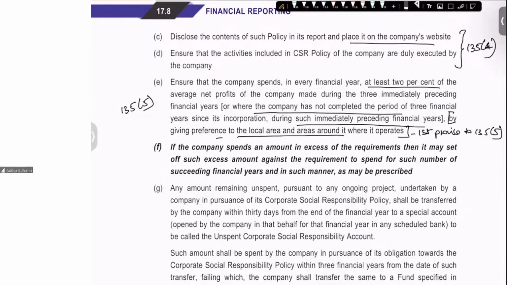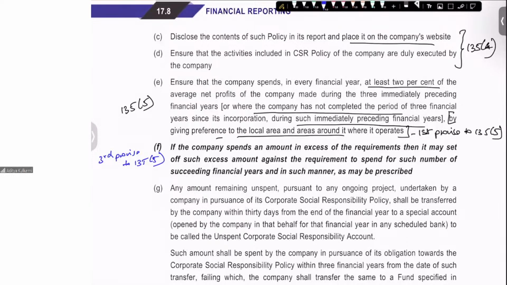So this is the amendment which is highlighted here. This is the third proviso to 135(5). First proviso we did, third proviso we did.